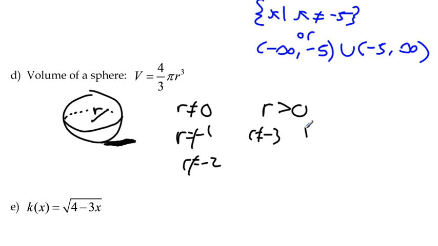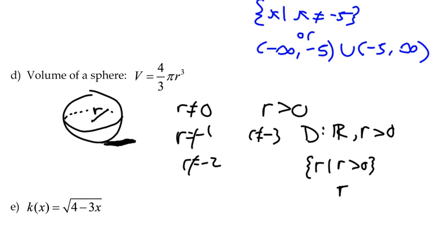So the way we can write our domain is all real numbers where r has to be bigger than 0. That would be our domain. Another way we can write this is: the domain is all values of r such that r is greater than 0.